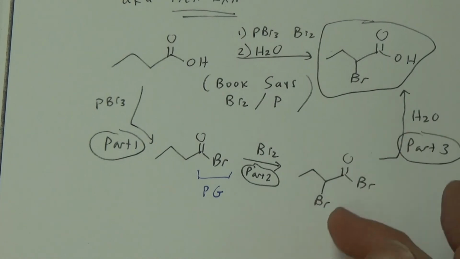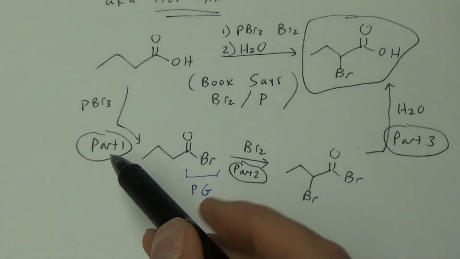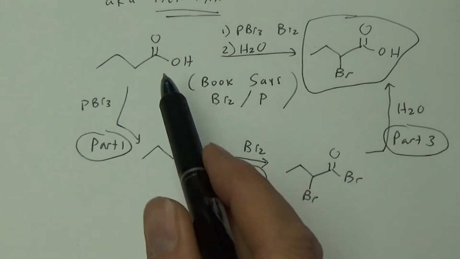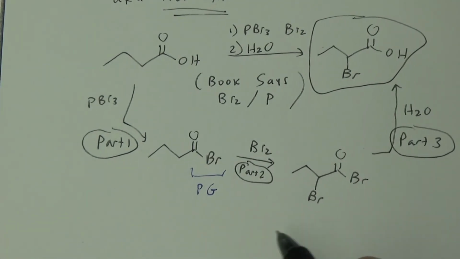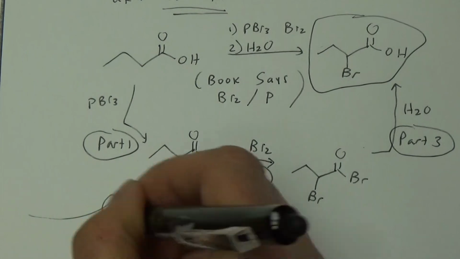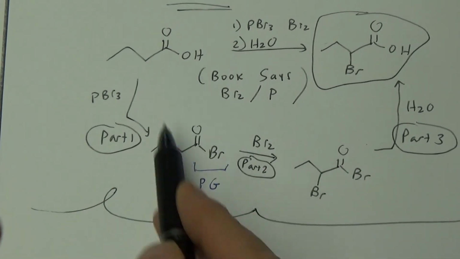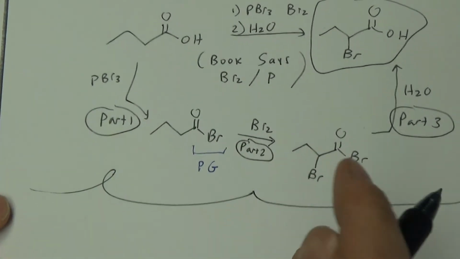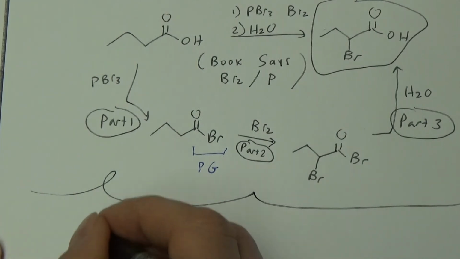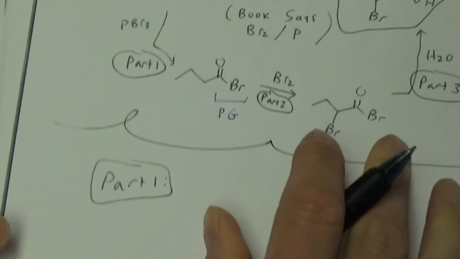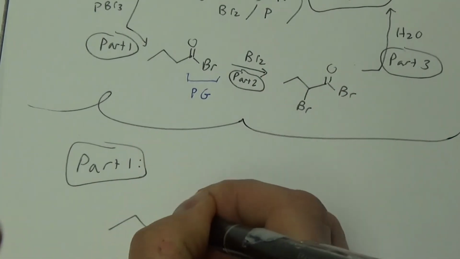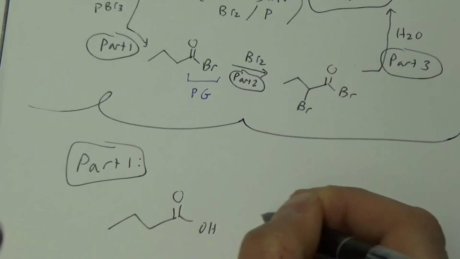Because we're sort of low on time, I'll do part 1 now, which is just making the acid bromide, and then we'll do parts 2 and 3 next time. So part 1, all we're doing is making an acid bromide with PBr3. So part 1 of the mechanism is this.